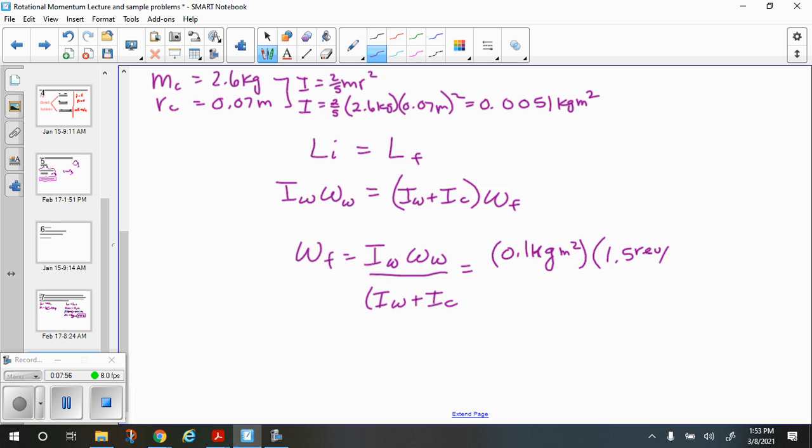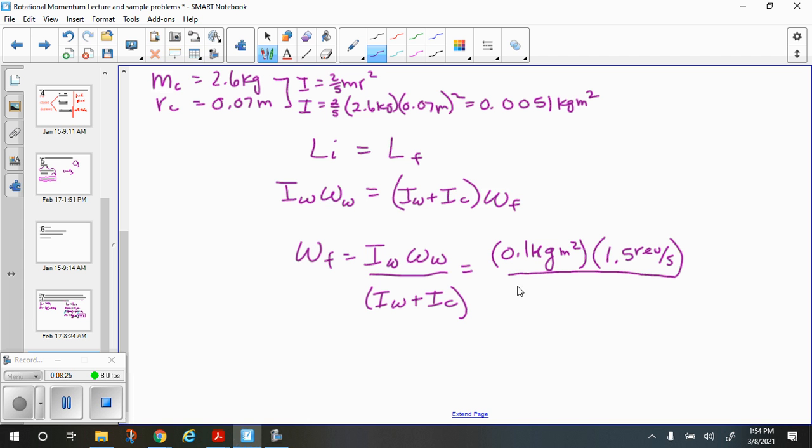Now, you don't actually have to change to radians per second on these problems because I'm solving for angular velocity, so whatever unit I have here is what's going to be here. There are times, like when you're using torque, that you have to use radians per second or radians per second squared for acceleration, but for this one you don't have to change your unit.